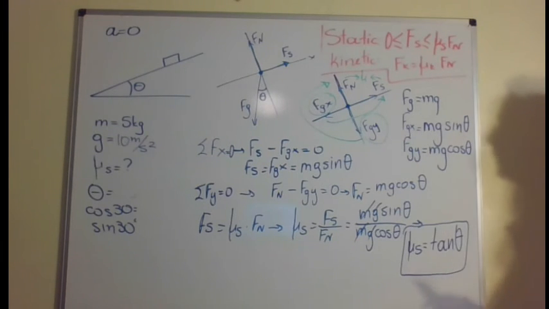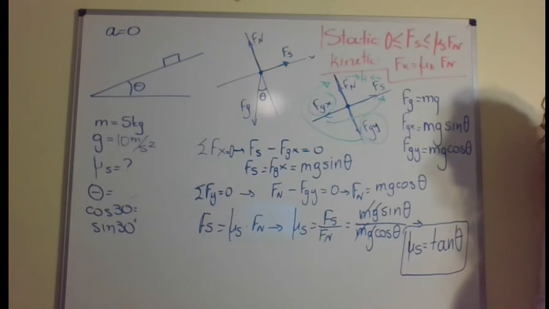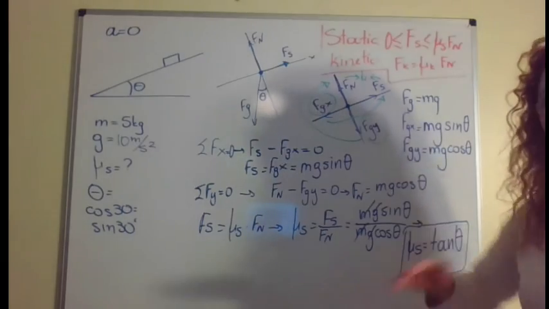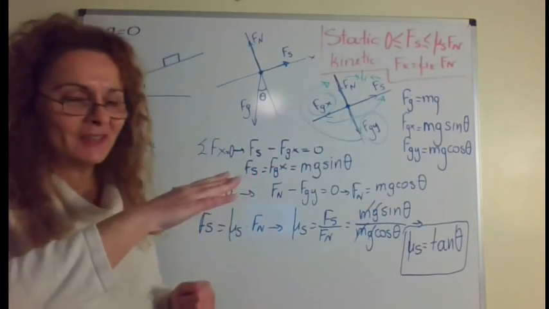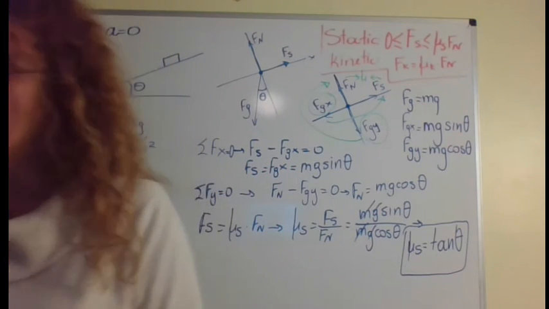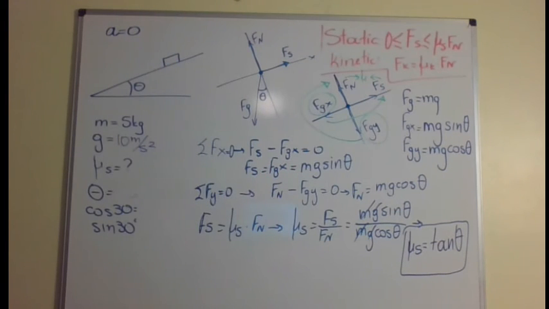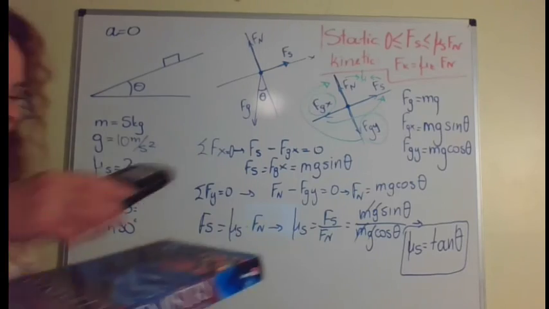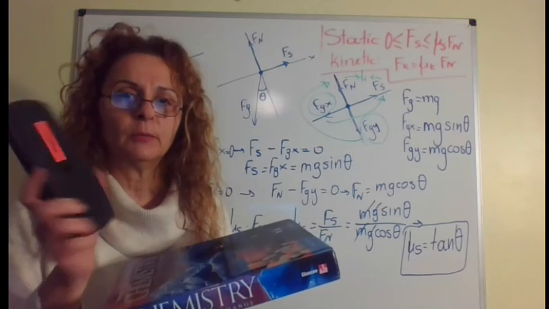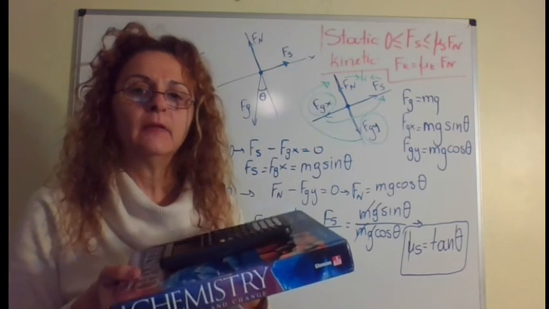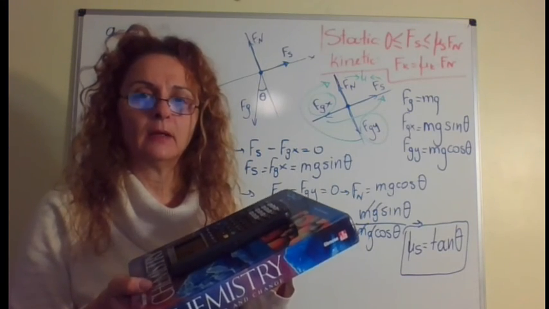And actually this is a way to find the coefficient of static friction. If you have a surface and you put an object on top, you can find the coefficient of static friction between the two surfaces if you start changing the angle.